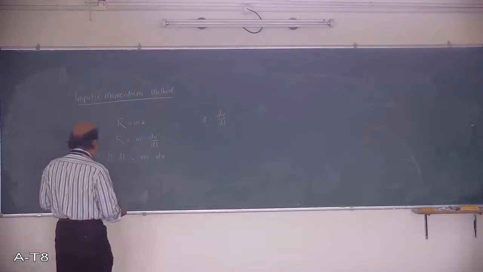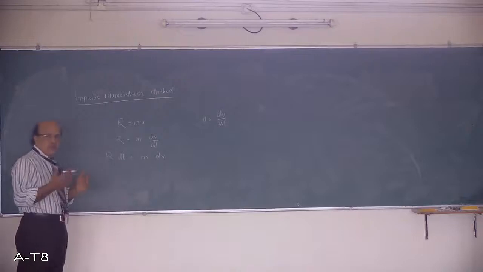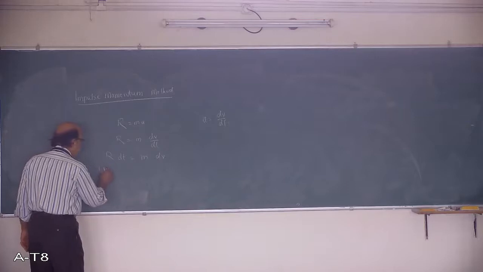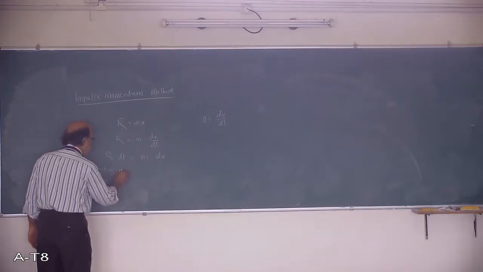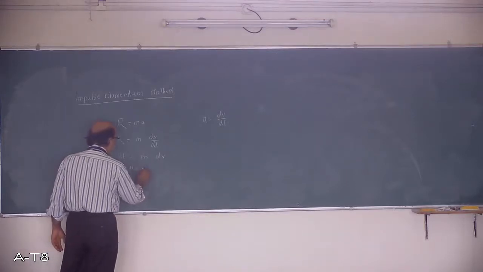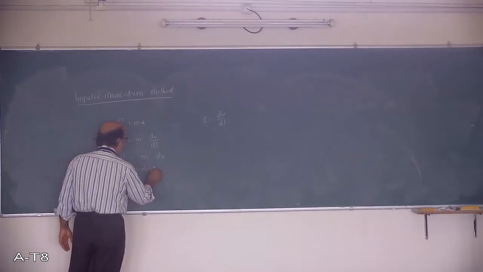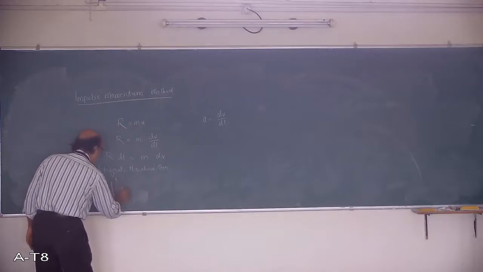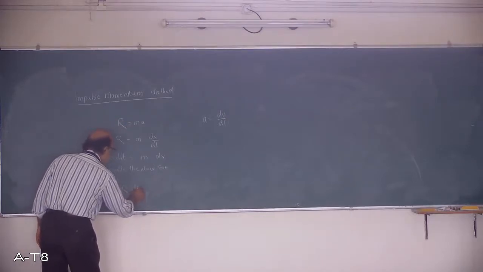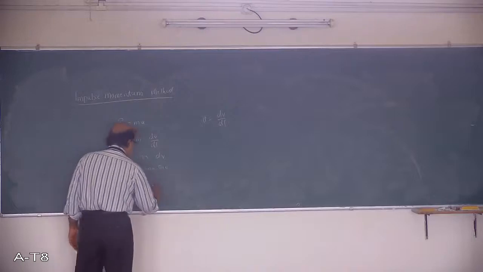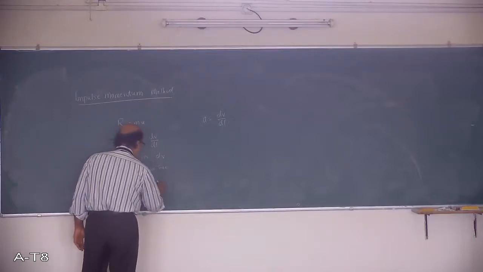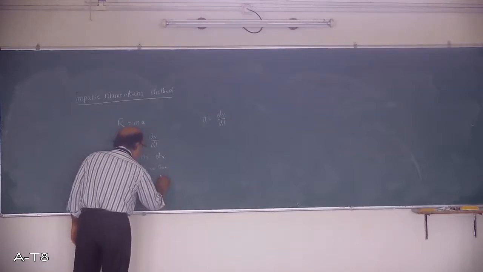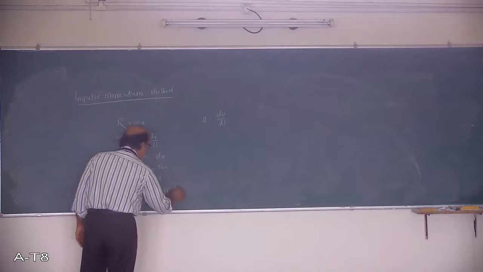So when a force acts on an object for a particular time, I will integrate the above equation: integral from 0 to t of R into dt is equal to mass into, with velocity changing from u to v, the integral of dv.